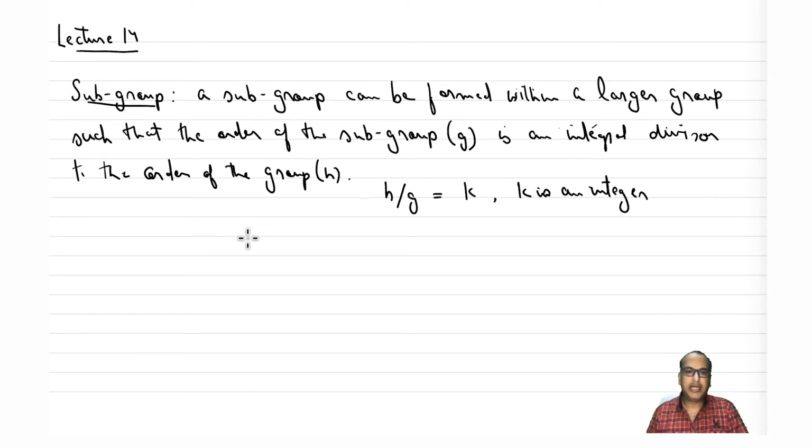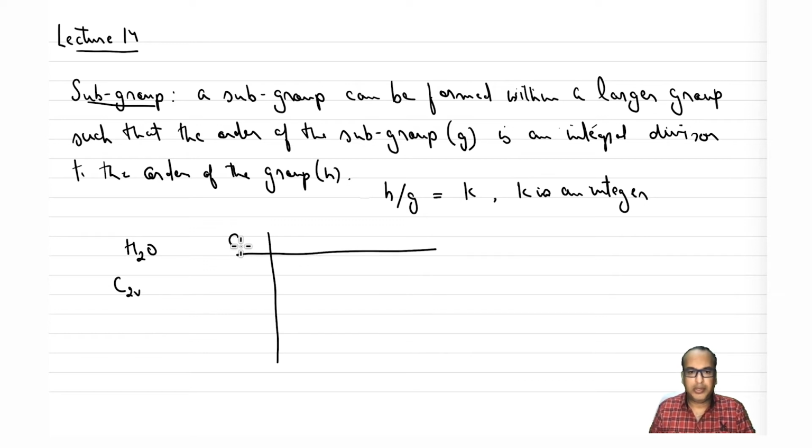So now let us take an example. Let us quickly write a group multiplication table for water. Water is a C2v point group, right? So this is E, C2z, sigma xz, sigma yz.